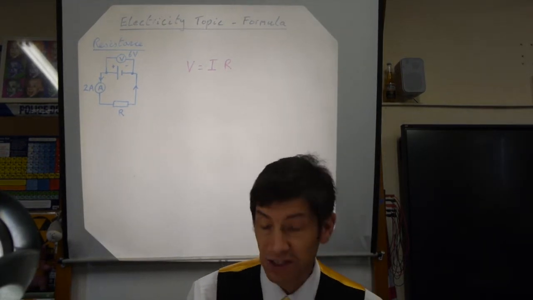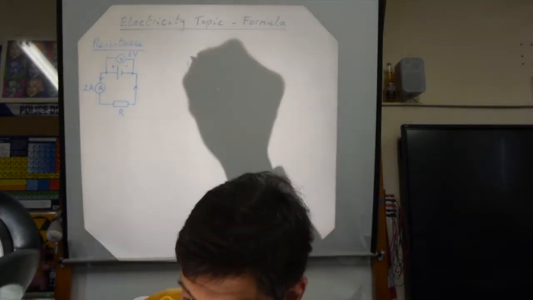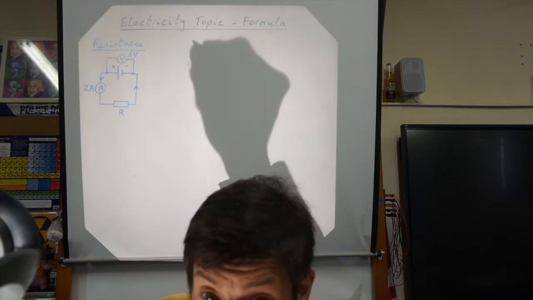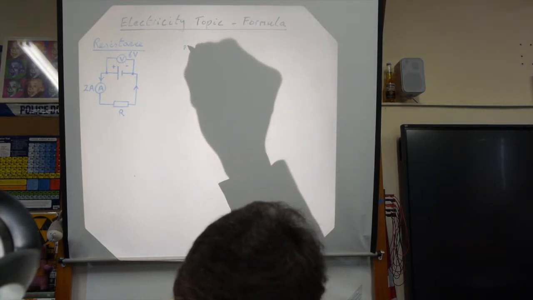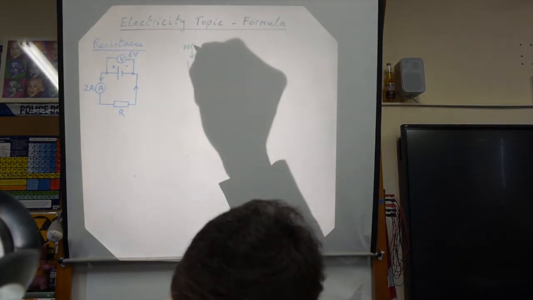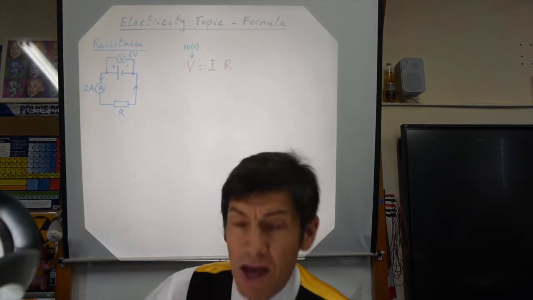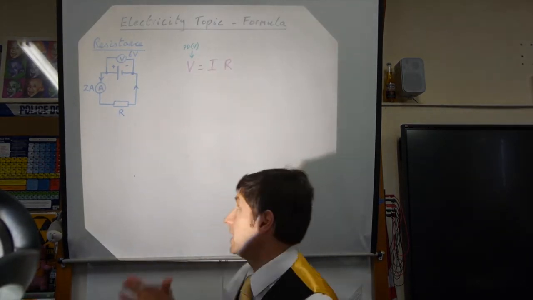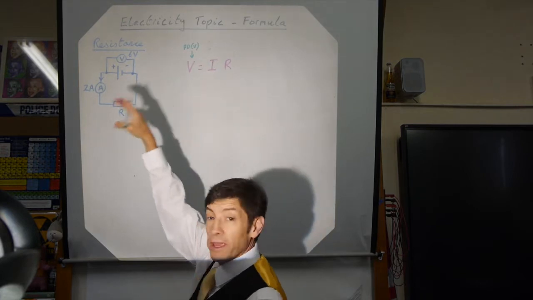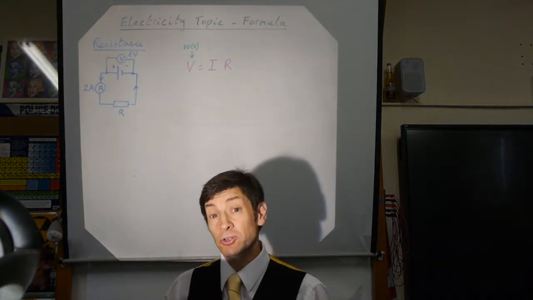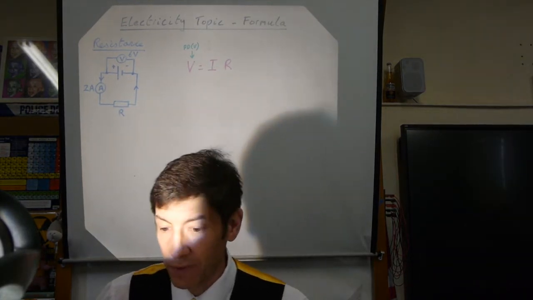So let's just indicate what they are. So we know that V is the potential difference measured in volts. The kind of electrical pressure of the battery, desperately trying to push electrons, push charge around the circuit.